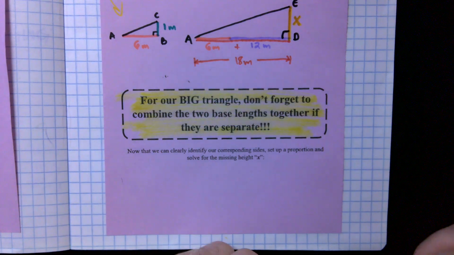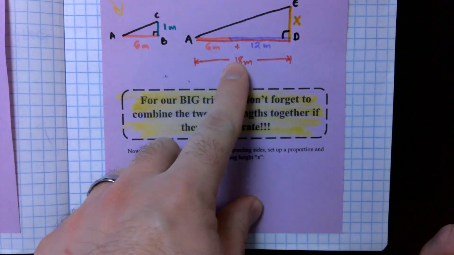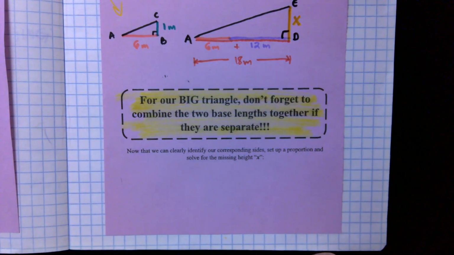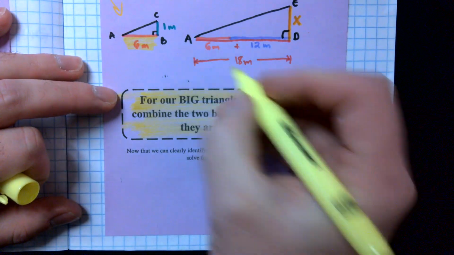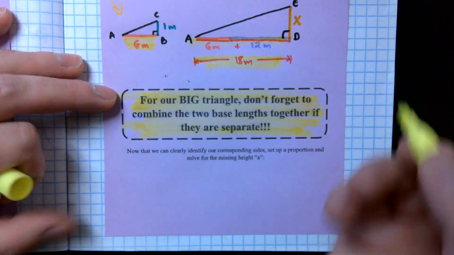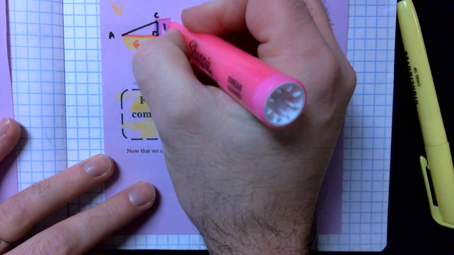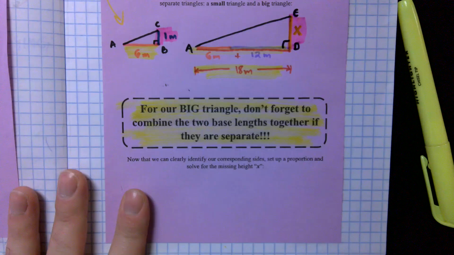Now we can set up a proportion just like we did before. I got my base and my base. I got my height and my height. So I'm going to do my bases here in yellow, 6 meters and 18 meters. My heights of 1 meter and X meters in pink.